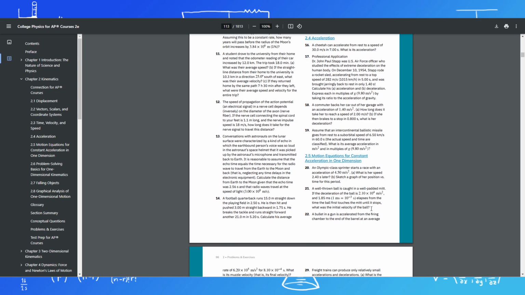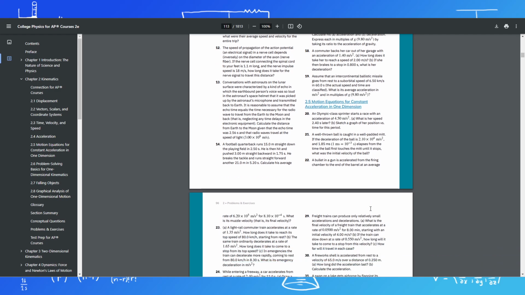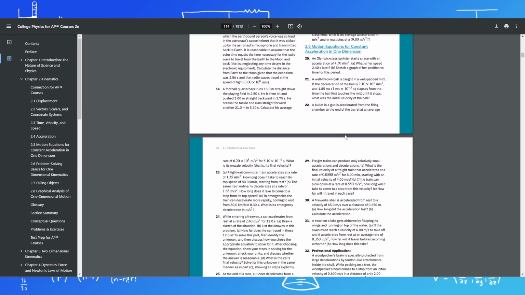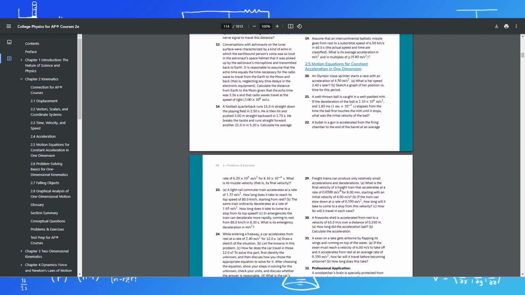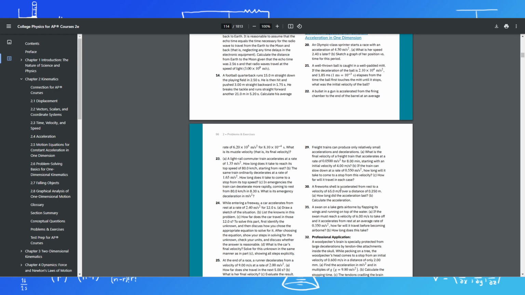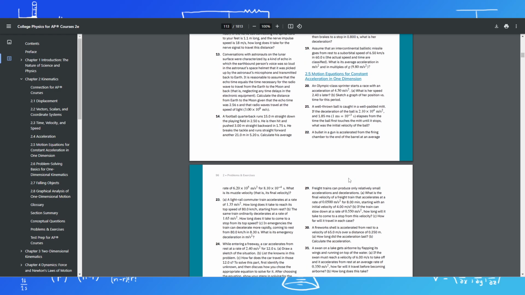And if you read ahead, you may find it worthwhile to at least attempt some of the problems under section 2.5. And I think that should be it.